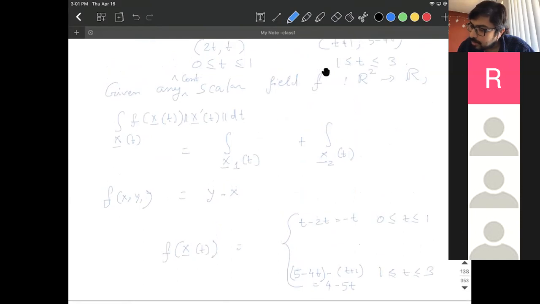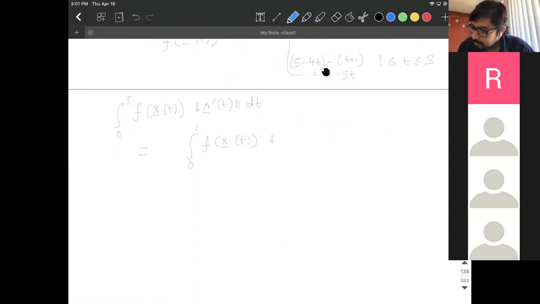I call this x1 and x2, well, let's continue with the notations of the problem. Okay, so these are my two integrals.